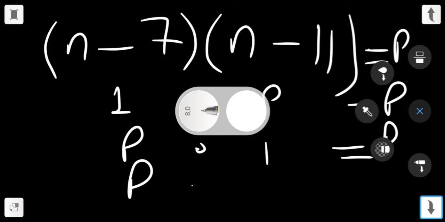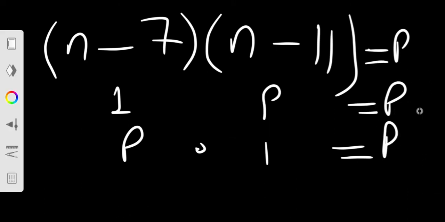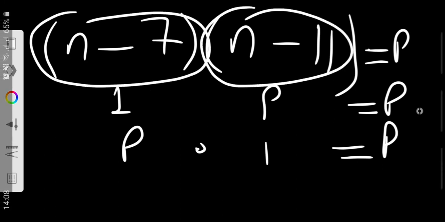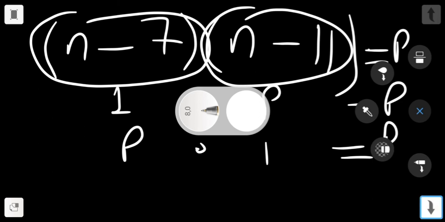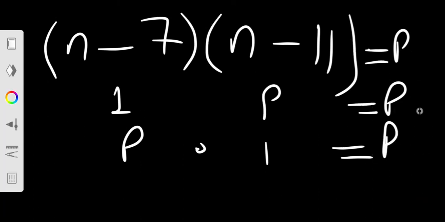So these are our conditions. So this part is either 1 and this part is p, or the opposite, because p is prime, so the numbers that multiply to it must be 1 or itself, right? This is what a prime number is.